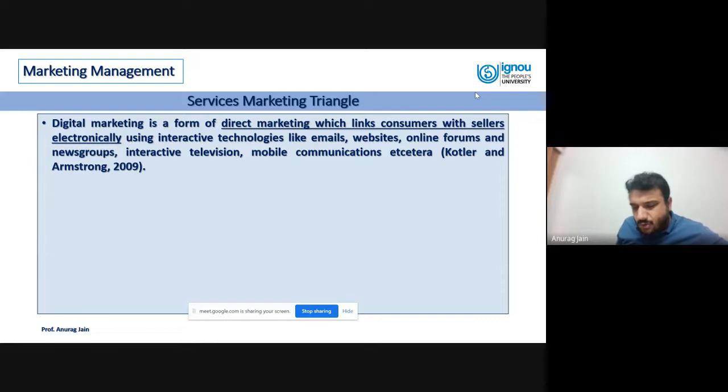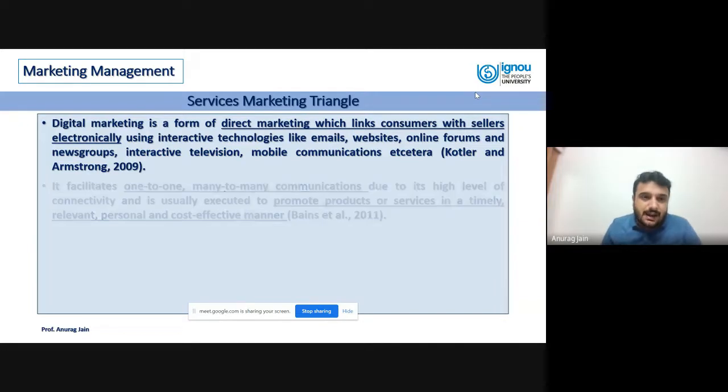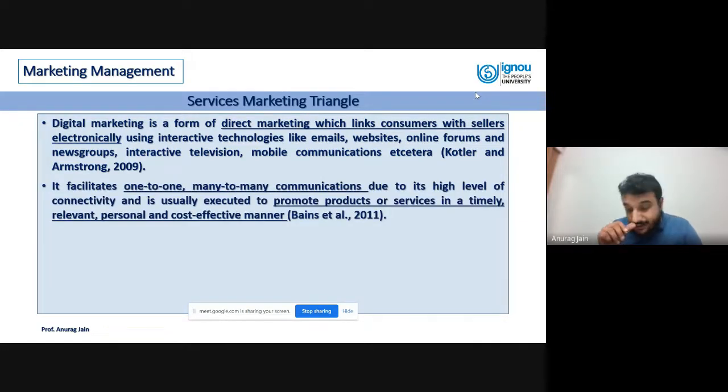What is the core idea here? Marketing is happening through digital channels, through online mode, electronically. The major role player here is technology: we use technology and do the same marketing. It also facilitates one to one and many to many communication.